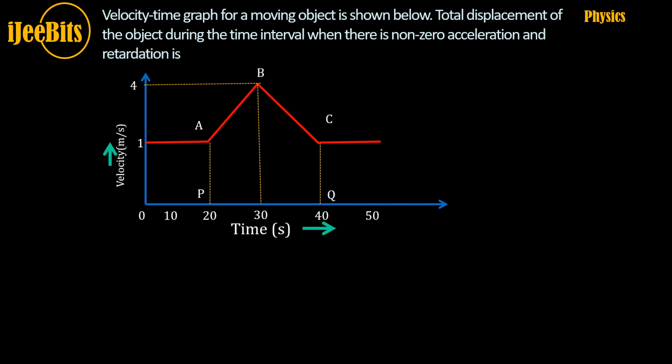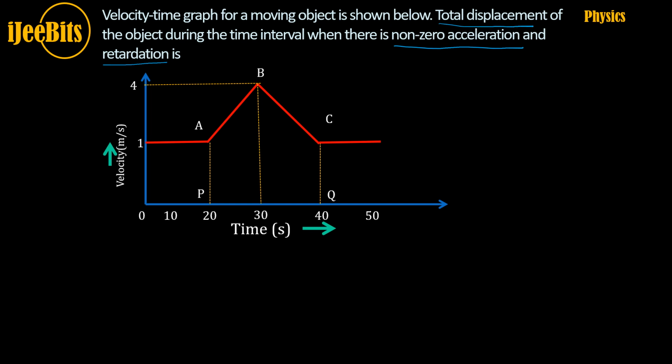Total displacement of the object during the time interval when there is non-zero acceleration and retardation. That was asked. Non-zero. So what is the clue given? First of all, what is the ask? When you see this time interval, probably we are not going to consider all the time intervals for calculating this problem statement.